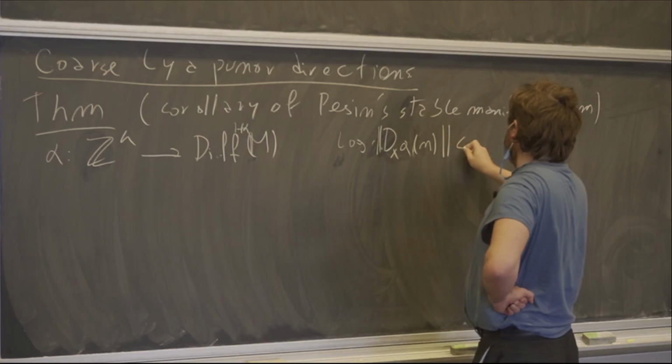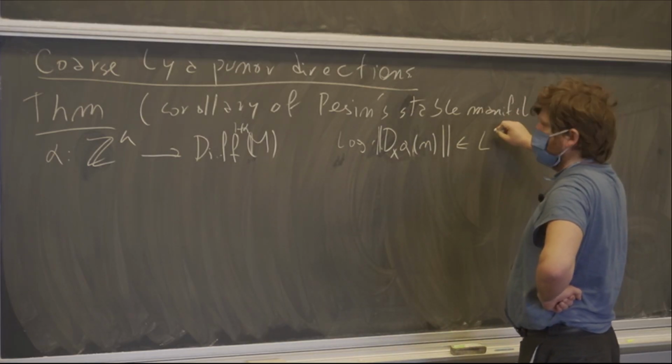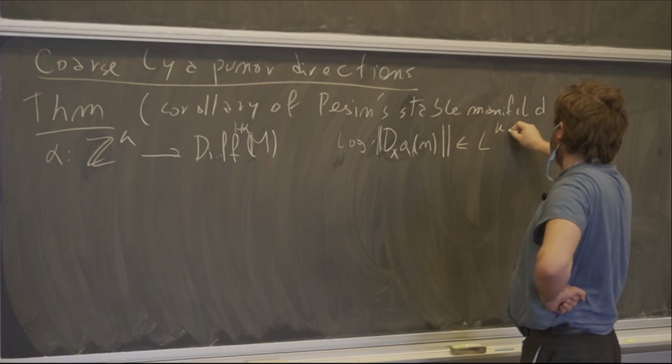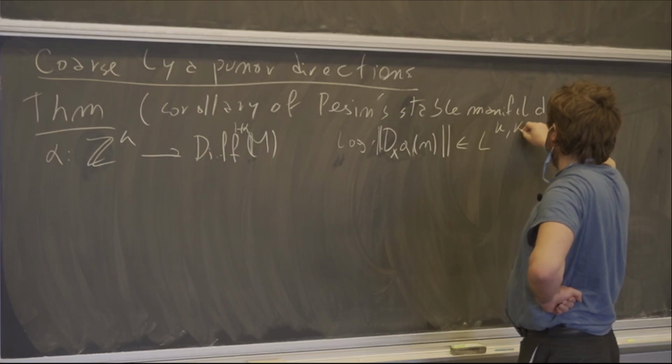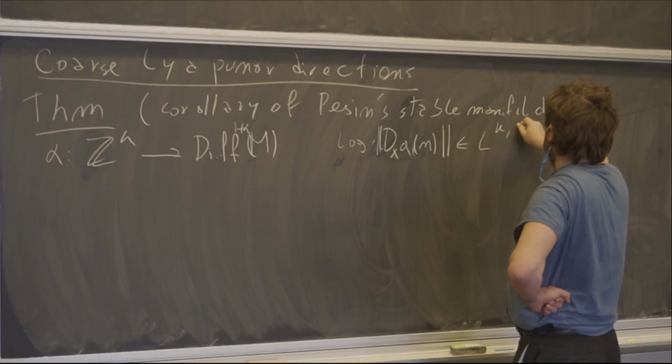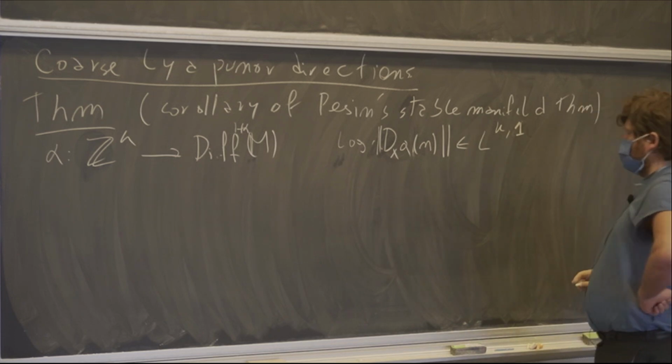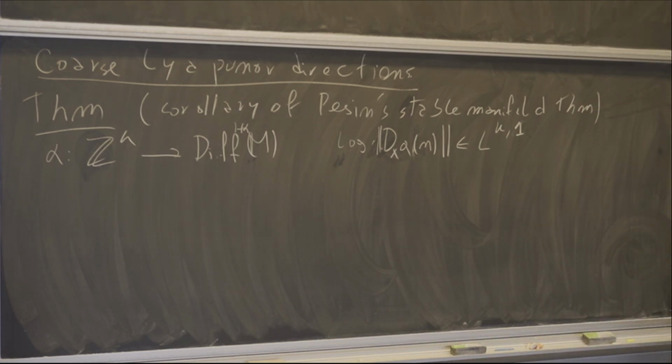This business of belonging to L^k, I think it's L^k_k, or L^k_1, because L^k_k is L^k. Anyway, or if you want M is compact, and then we are happy.